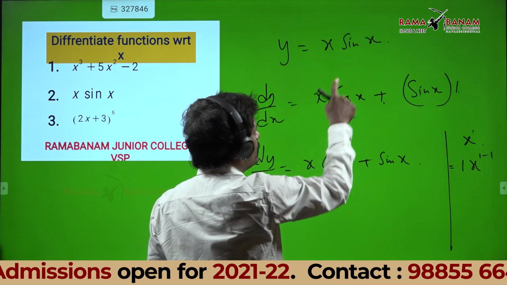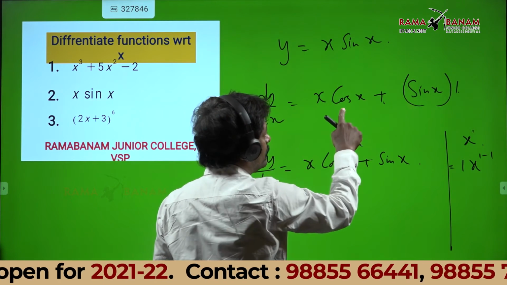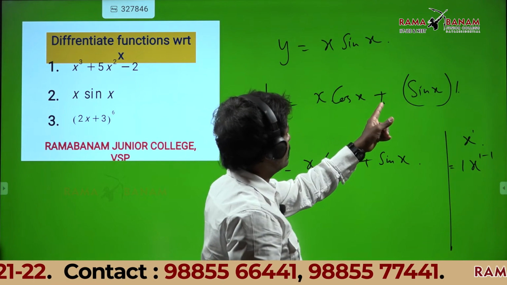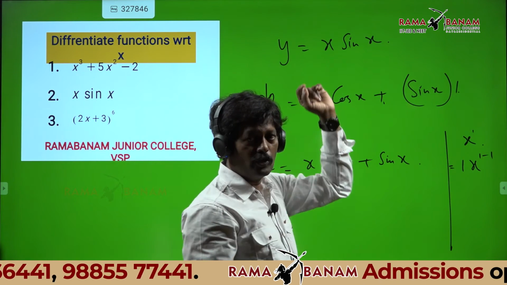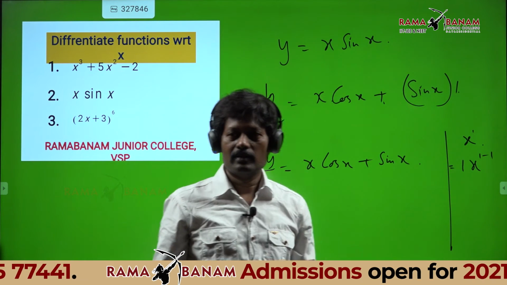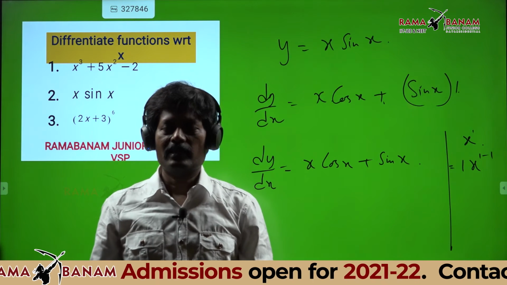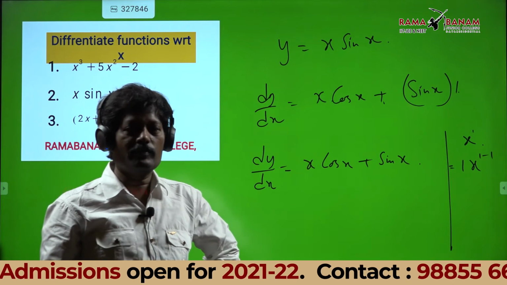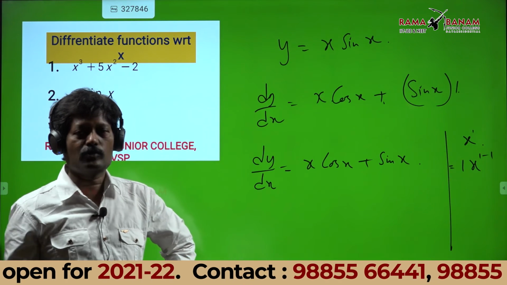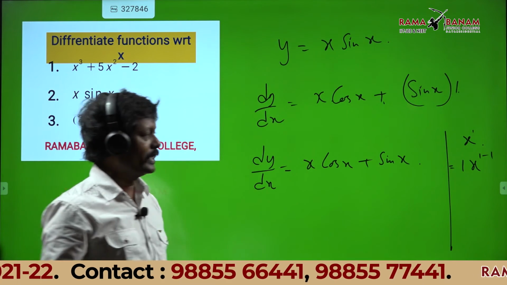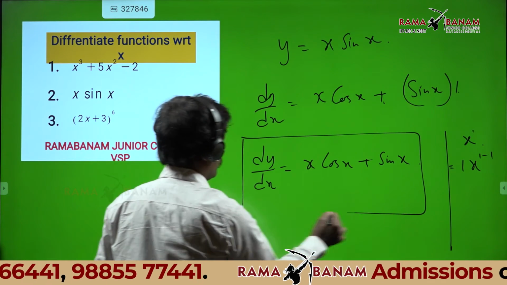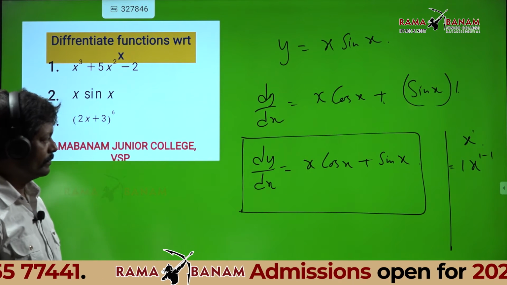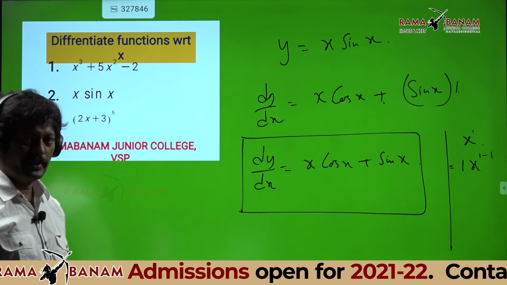X you leave it as it is, derivative of sin x is cos x, plus second function into derivative of first. Derivative of x is how much? 1. How is that? X power 1, derivative will be 1 x power 1 minus 1. So it comes to x power 0. X power 0 is 1. So this is the answer for that function. Understood? Very good.